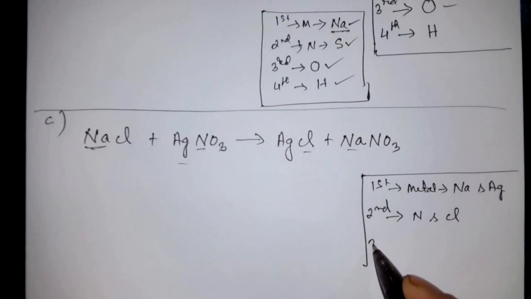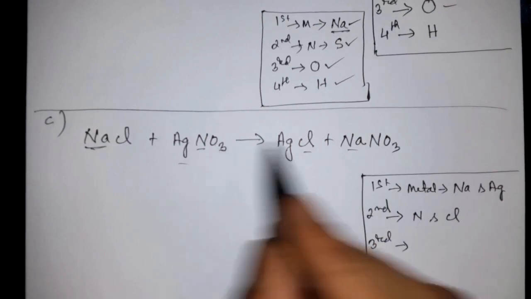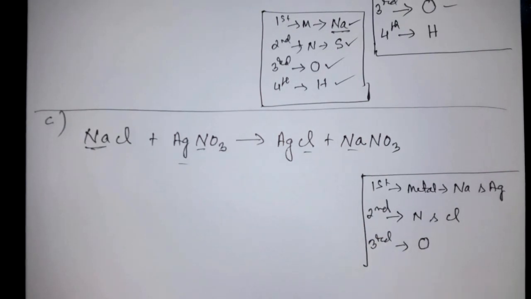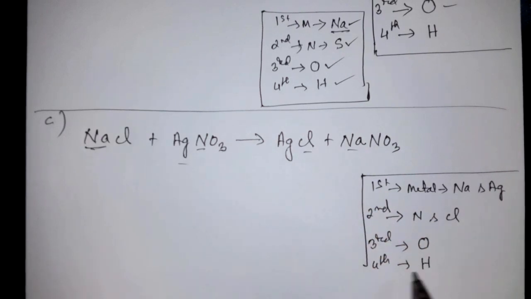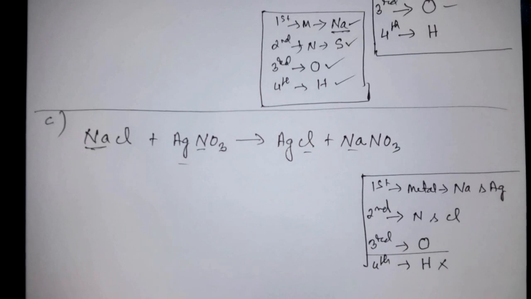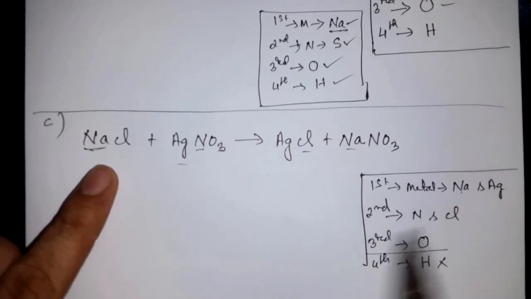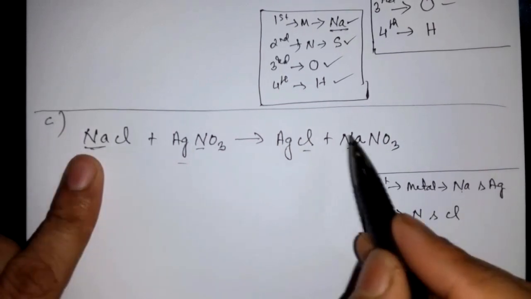Okay, third step, we should go with oxygen if it is present. Okay, oxygen is present. Then the fourth step is hydrogen, if it is present. Hydrogen is not there, so the fourth step is not needed. From here we'll be finishing, so we'll check one by one. Sodium here 1, this is also 1.